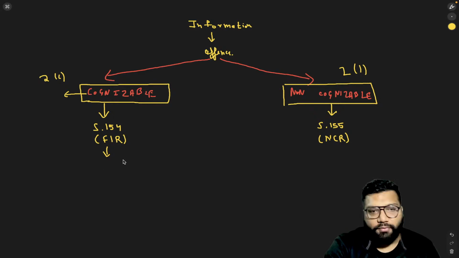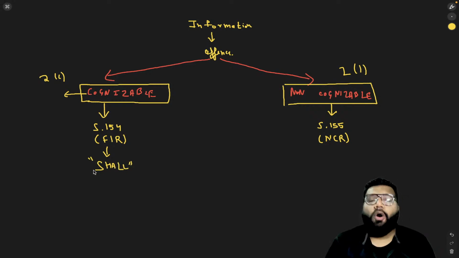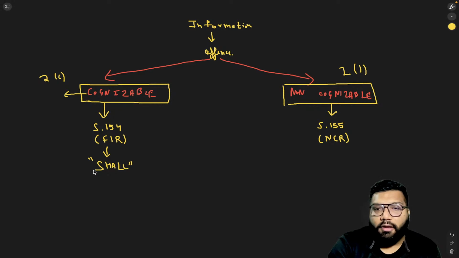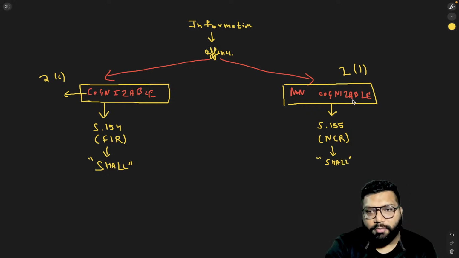The word shall has been used, which means it is mandatory on the police officer to record the FIR, to lodge the FIR. At the same time, when it comes to the concept of NCR, again the word shall has been used, but this is in the cases of non-cognizable.